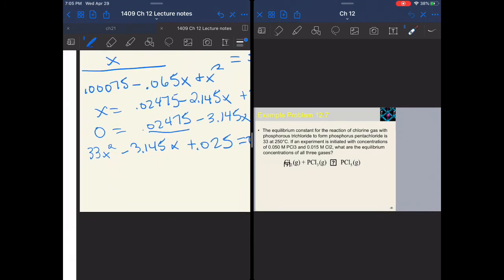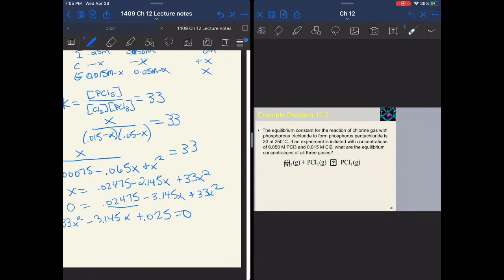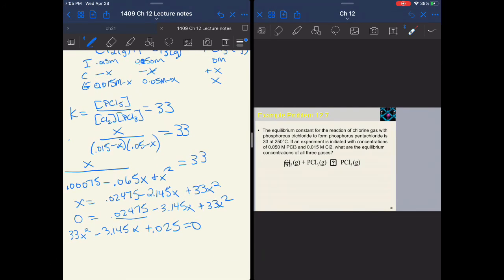All right. Now let's take this and apply it to the quadratic formula. So the quadratic formula is x equals minus b plus or minus the square root of b squared minus 4ac, divided by 2a.